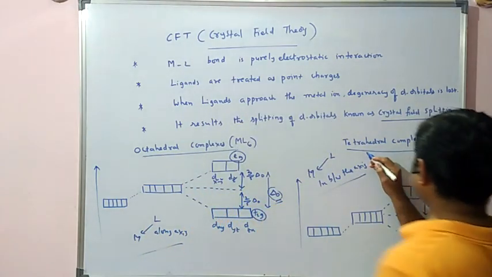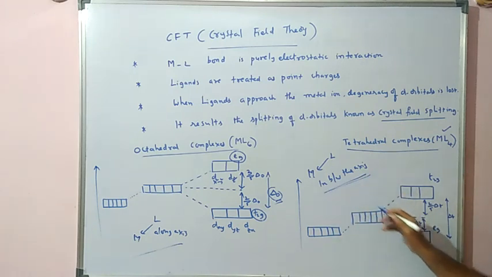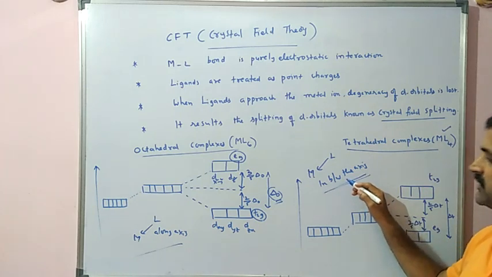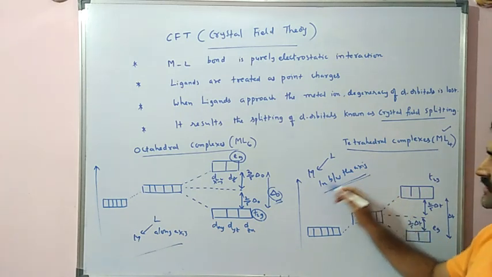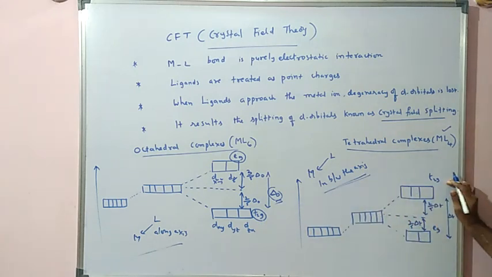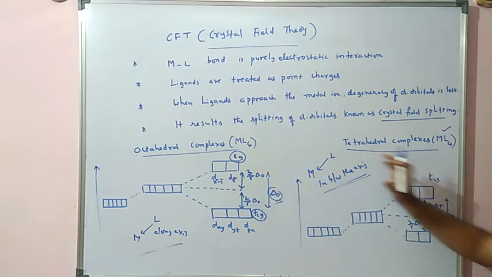Let us talk about the tetrahedral complex study, where ML4 is the general formula. In this, the orbitals which are present in between the axes, like t2g, are said to be experiencing more energy, which is a completely inverted picture of that of octahedral.